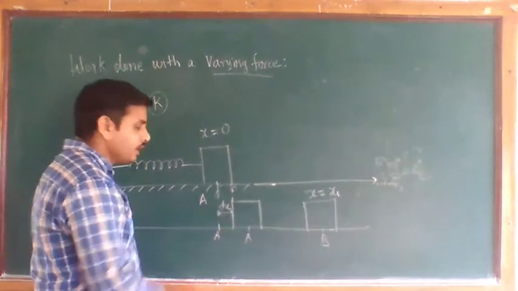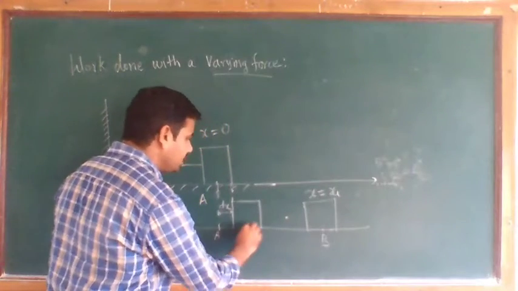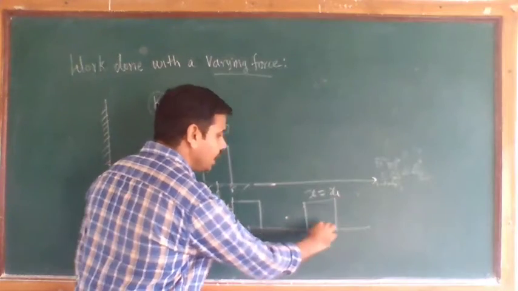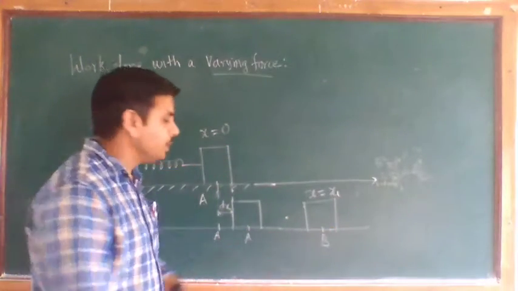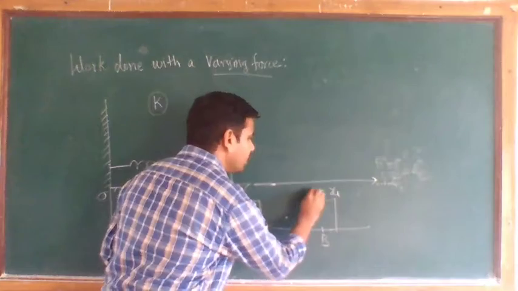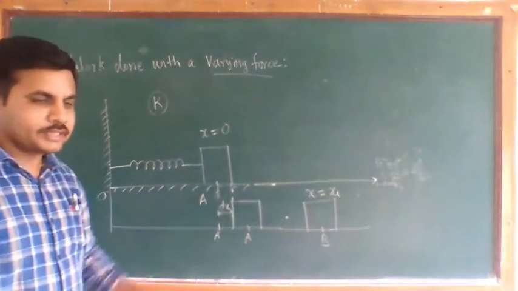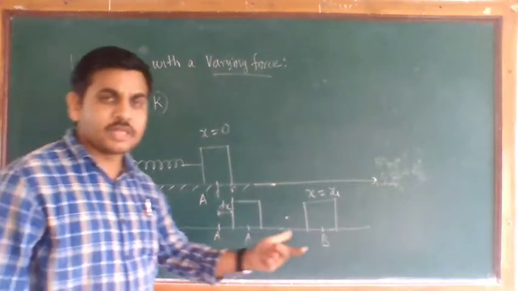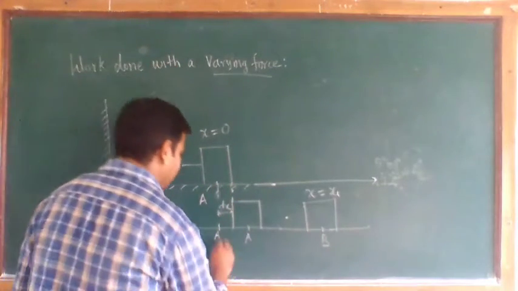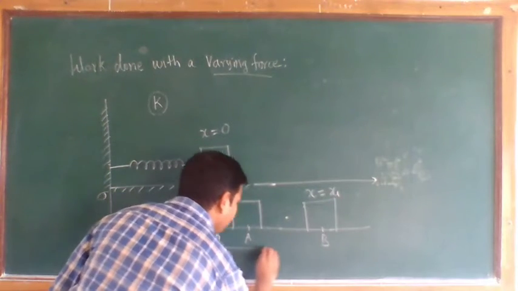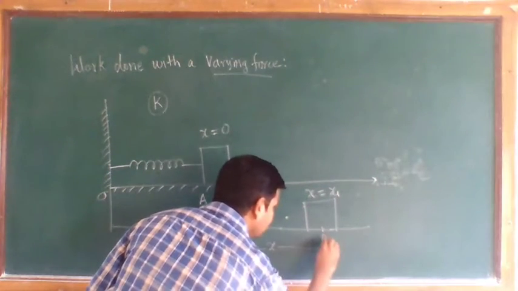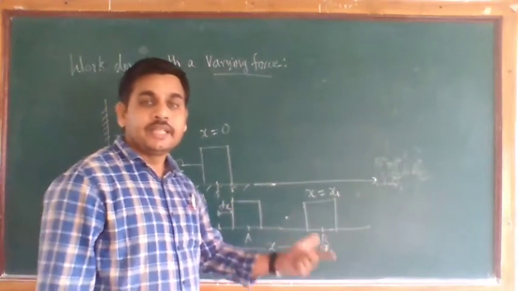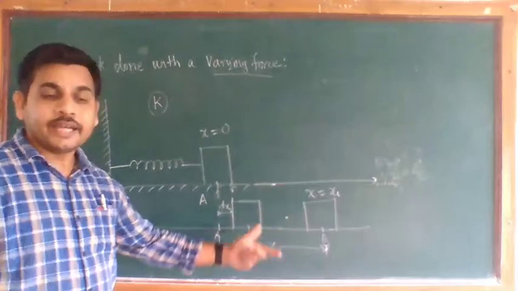Continuing to apply force, it is displaced by successive small dx steps up to point B, which is x equal to x1. So the block is displaced by distance x from point A to point B.